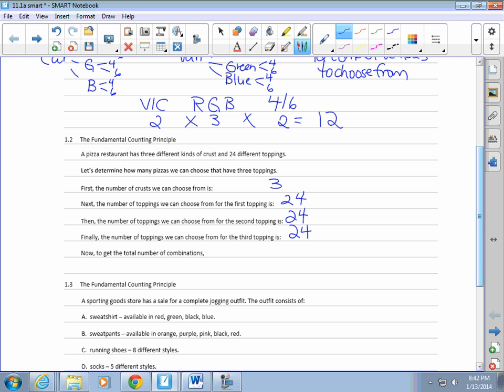So to get the total number of combinations, I would multiply my 3 choices of crusts by my 24 toppings, and my 24 topping choice, and my 24 topping choice to get a total of 41,472 possible pizza combinations.